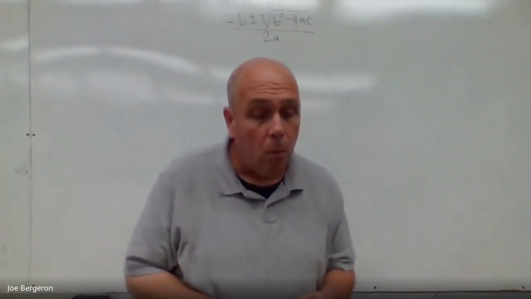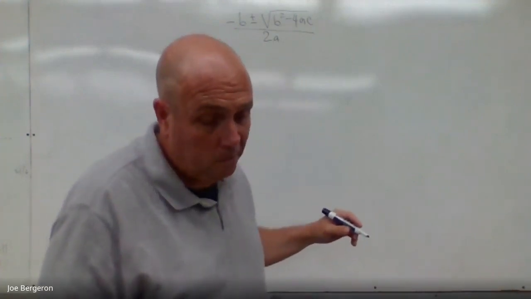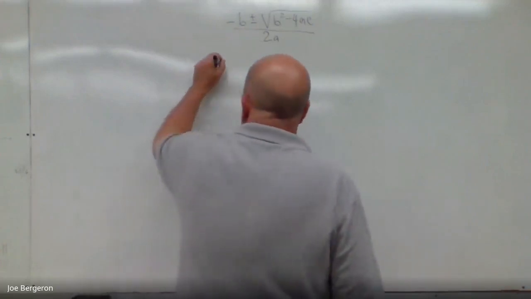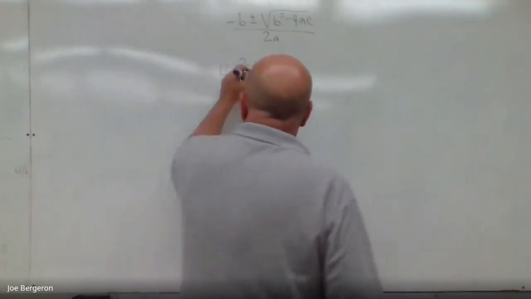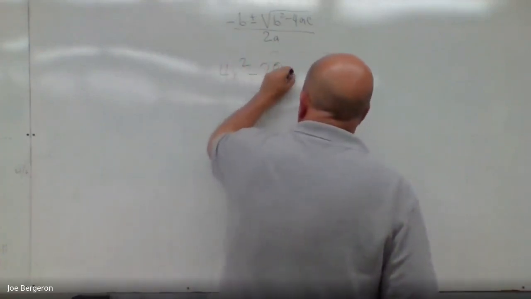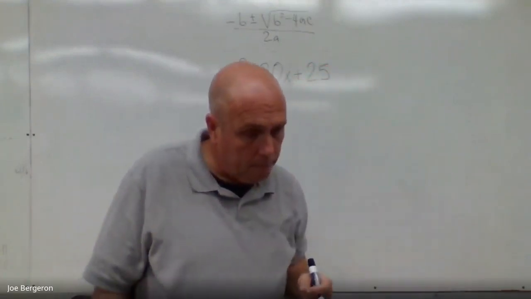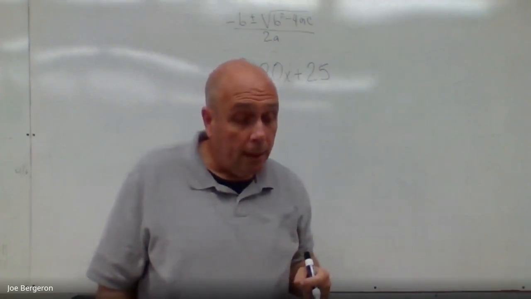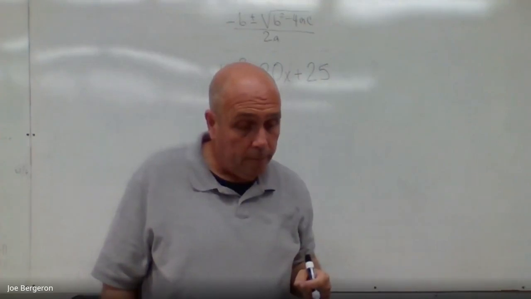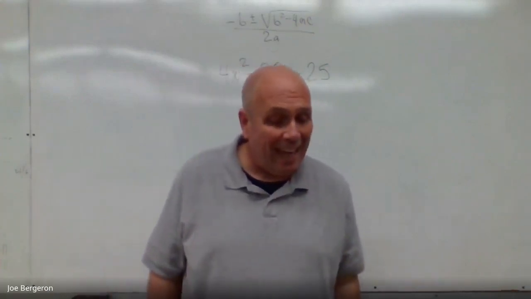I have one more to do. Okay? So this one says 4x squared minus 20x plus 25. And this is a little bit different. We're going to use what's called the slip and slide method.